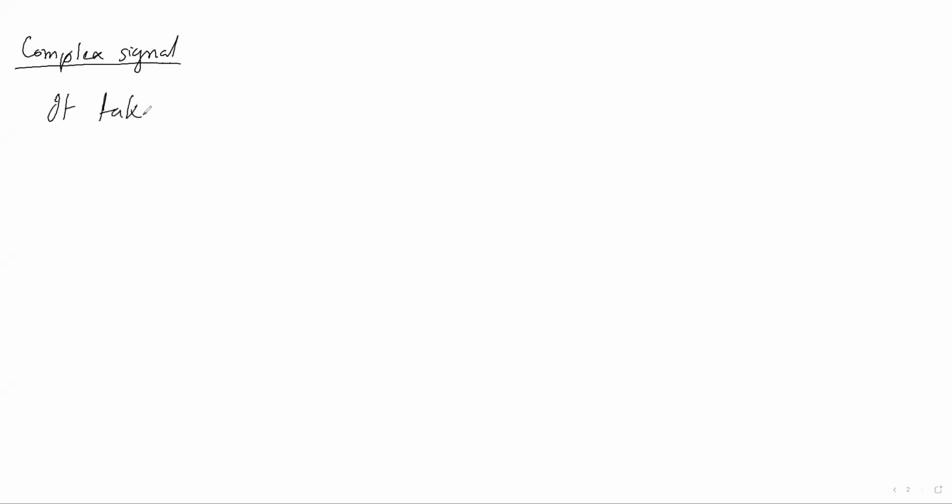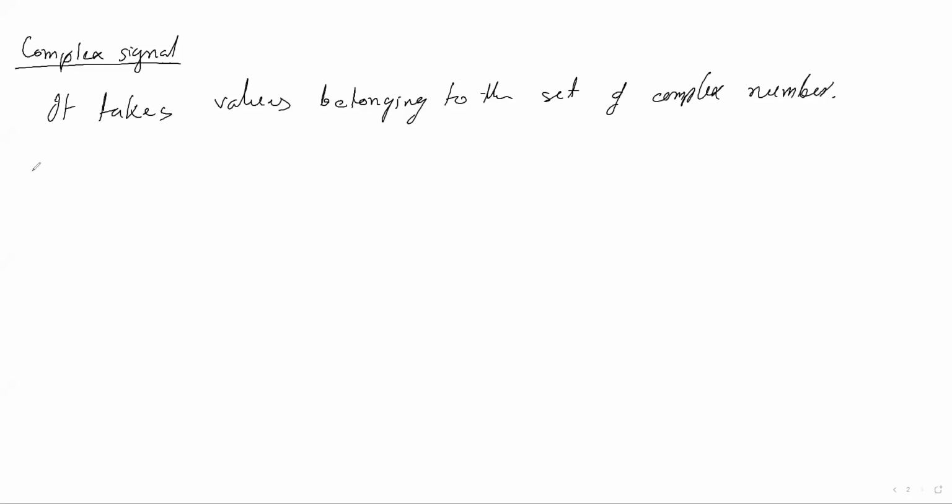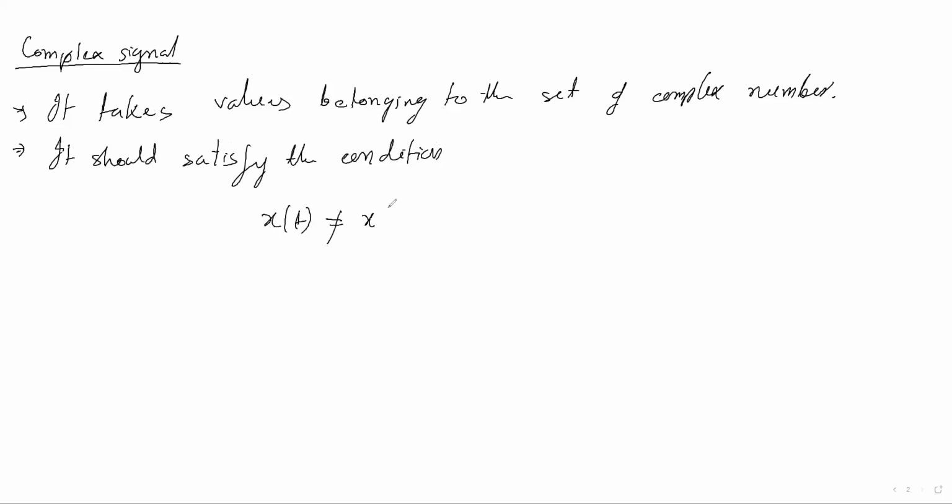It takes values belonging to a set of complex numbers, and it should satisfy the condition that x of t is not equal to x star of t, because the sign would be changed for the imaginary part.